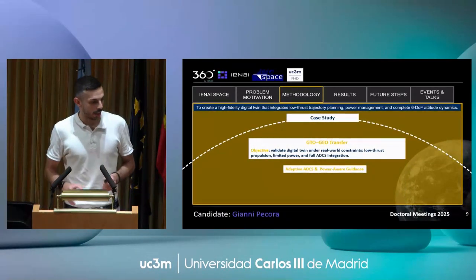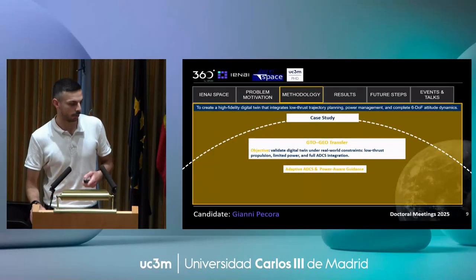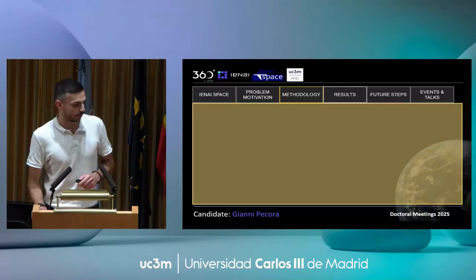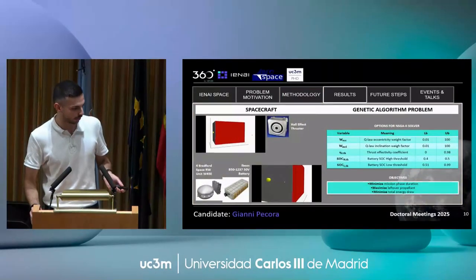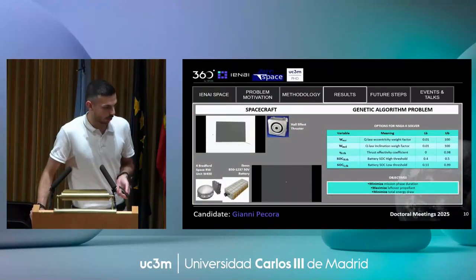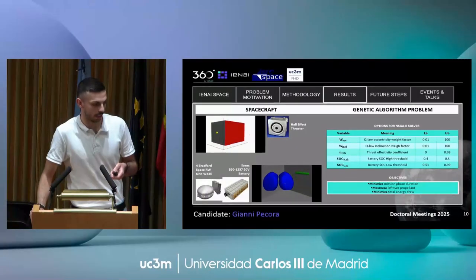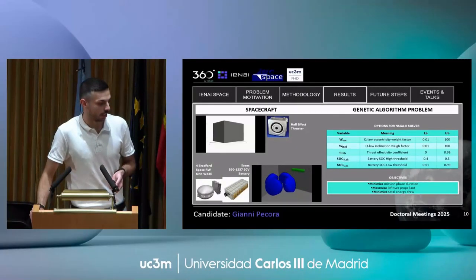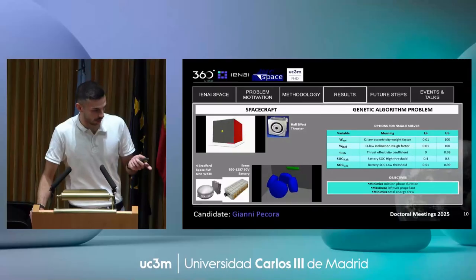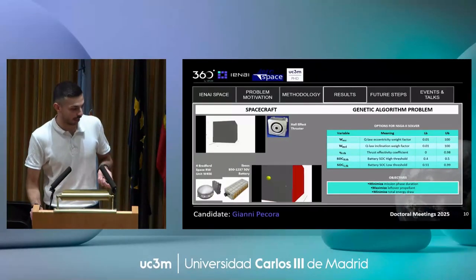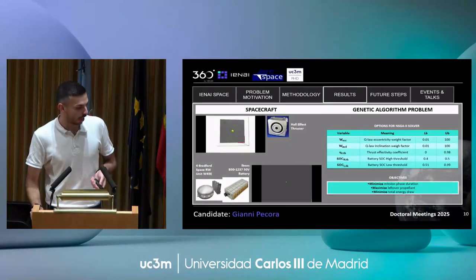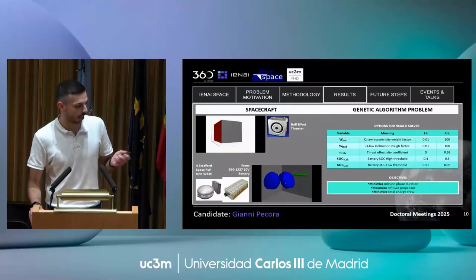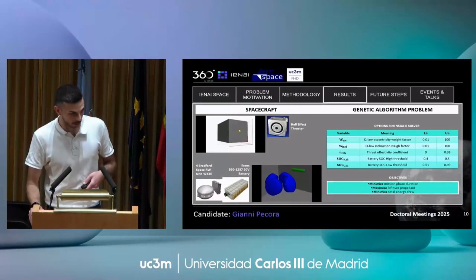I started to apply this concept to a GTO to GEO transfer. As you can see in this slide, on the left, there is a spacecraft with the yellow one being a thruster, with a solar panel, the red one, and 4 reaction wheels in a pyramidal configuration, and a battery.